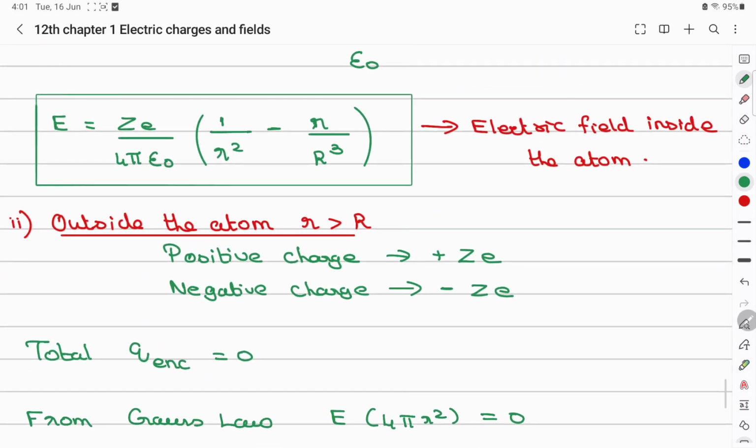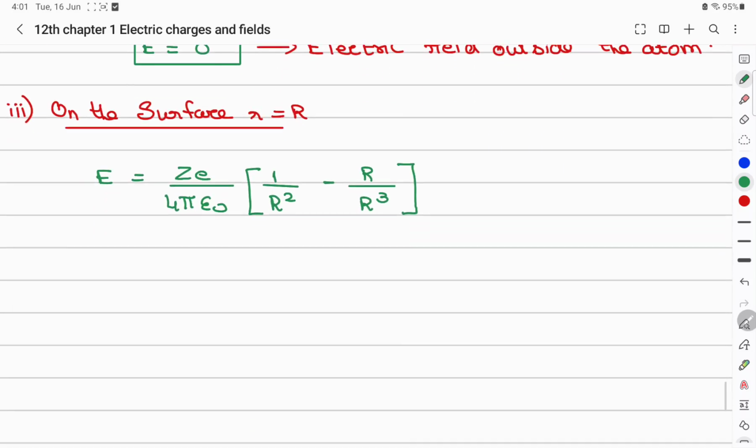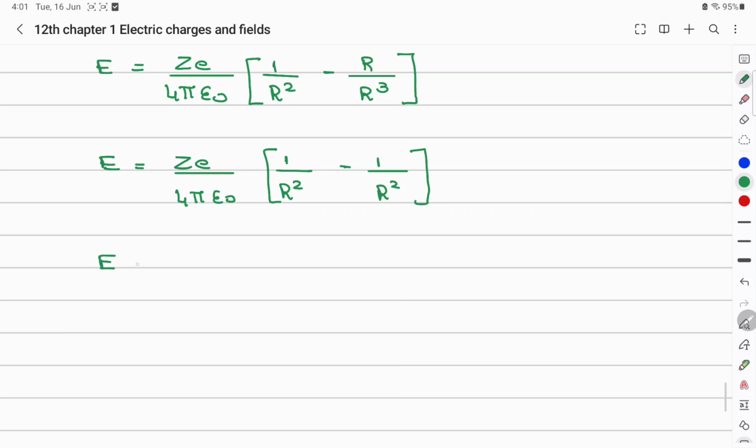In this equation we substitute r equal to capital R, so we get E is equal to Ze by 4 pi epsilon naught into 1 by R square minus 1 by R square, so this value will be 0. So the total electric field on the surface is also equal to 0.